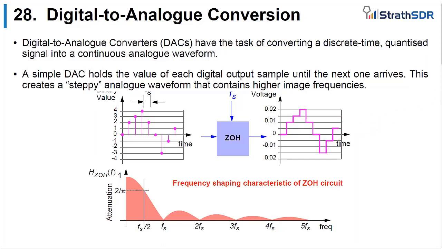Now, if we consider what's happening in a frequency domain sense, if I look at the frequency response of the zero order hold circuit, I can see that it will give me energy in the baseband, or the band of interest, 0 to fs over 2, but also we get energy in the higher order bands, and that energy, when you add it all together, is what's creating those high frequency steps.